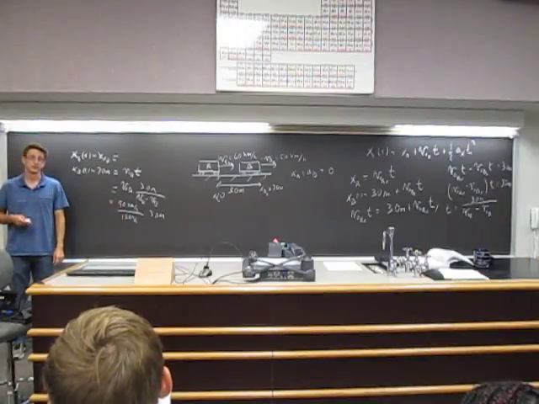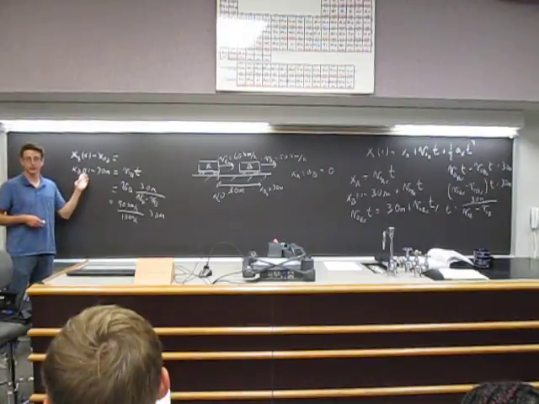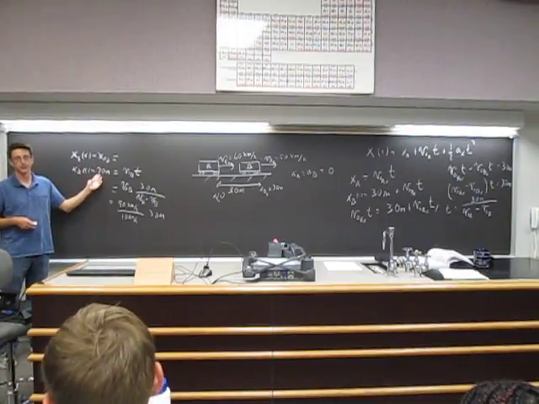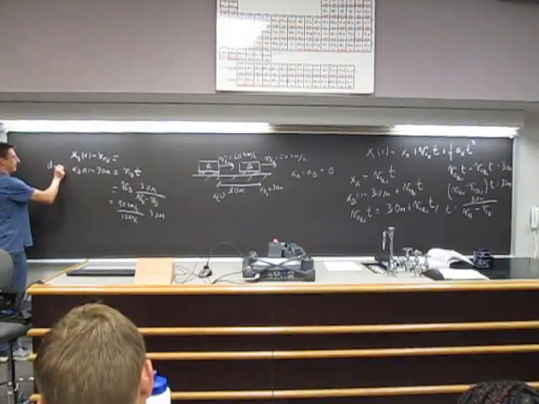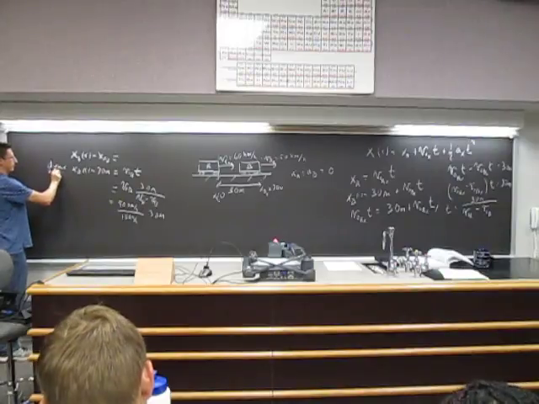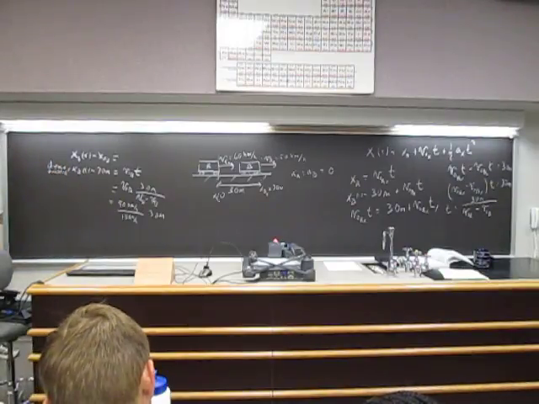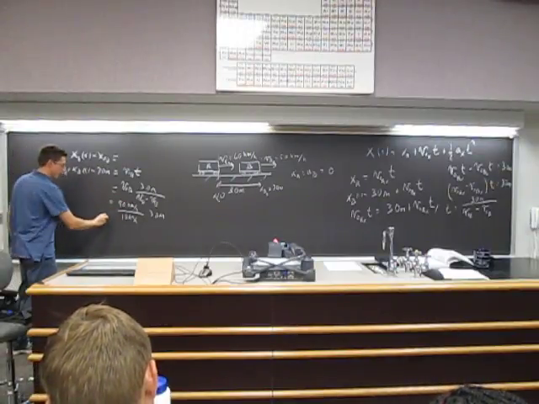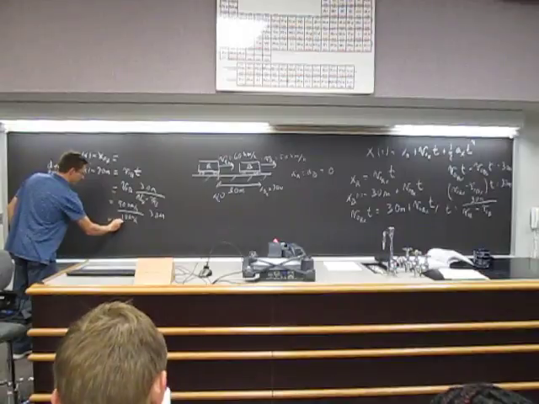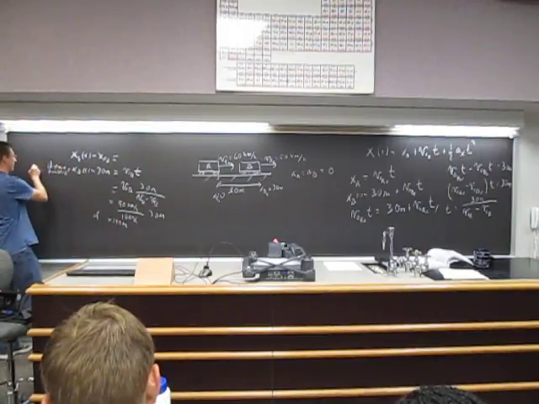What about the other side of the equation? That's the distance. That's what we're trying to solve for. Okay, that's it. This is the distance traveled. And so this is just 5 times 30 meters, which is 150 meters.